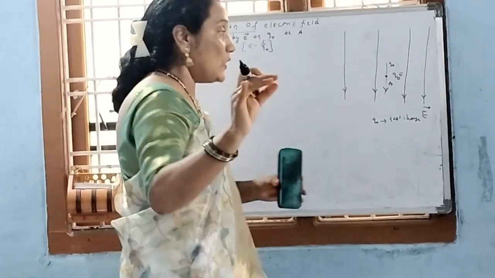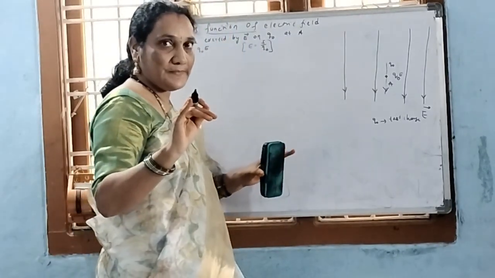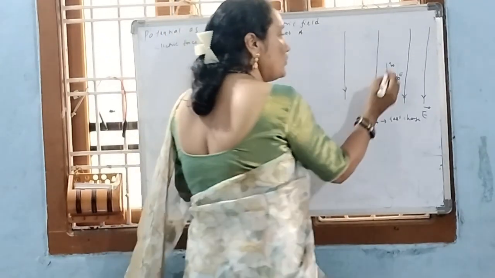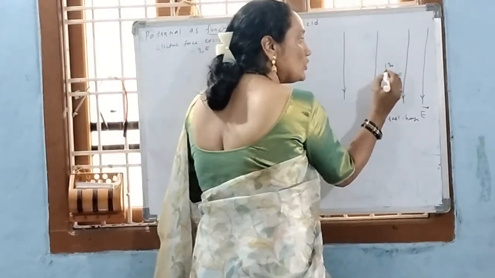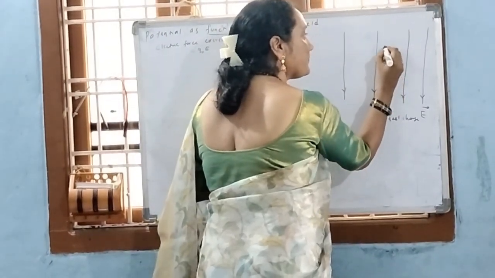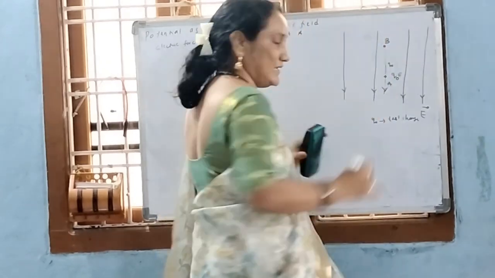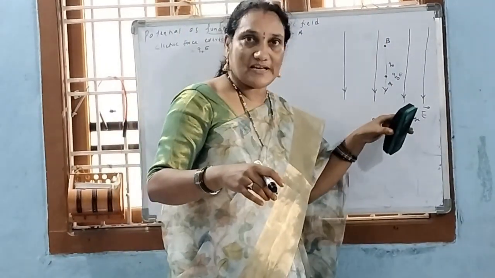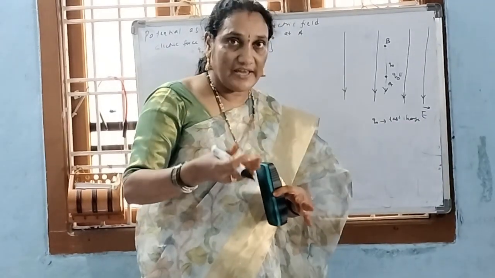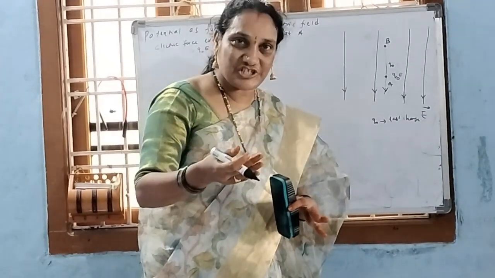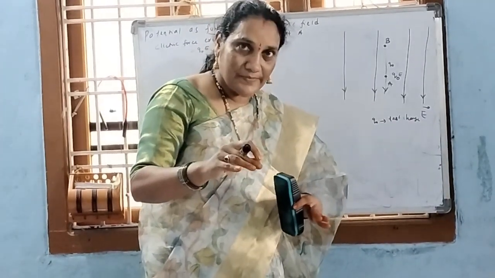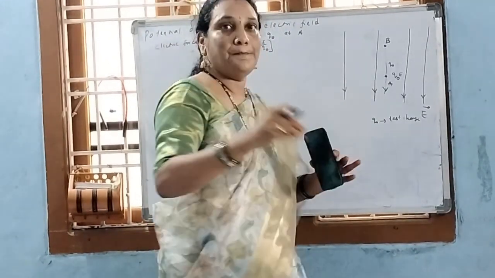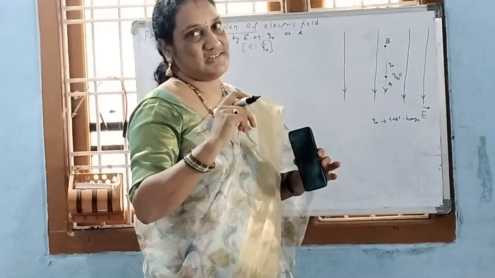Next, by using some external agent, we move this Q0 from A to B, against the field direction. The field is in the downward direction, and against the field, in the upward direction, we are moving the charge Q0 up to point B using some external agent.